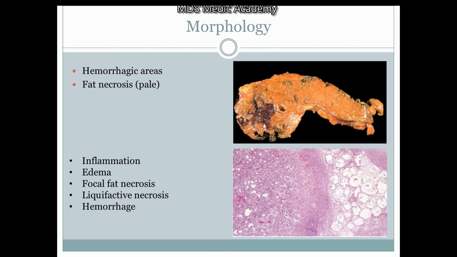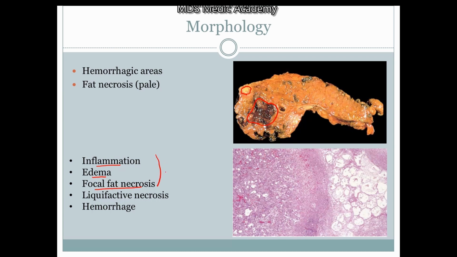Coming on towards the morphology, as you can see, this is the gross picture of the pancreas. You can see here are the hemorrhagic areas and areas of fat necrosis. In mild cases of acute pancreatitis, there might be inflammation, which is characterized by the presence of neutrophils and other inflammatory cells. There might be edema and fat necrosis areas.